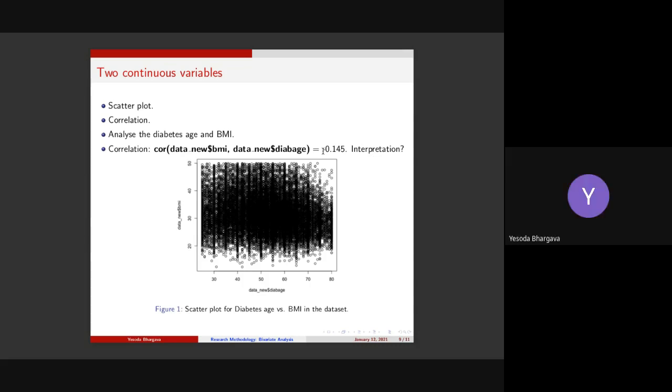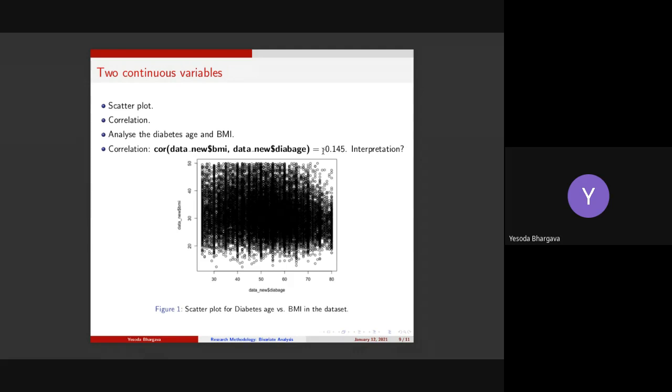That's okay. In correlation, we avoid the words increase and decrease, because we are not trying to model anything or drawing a causative model. So we refrain from the increase and decrease words. What we rather say is that higher BMI is associated with lower diabetes age of diagnosis.